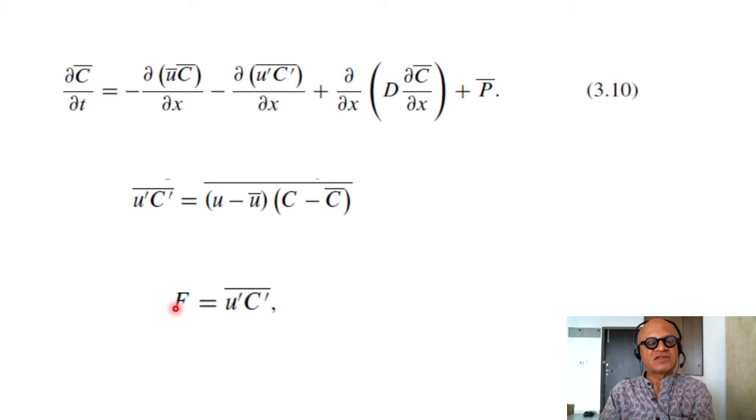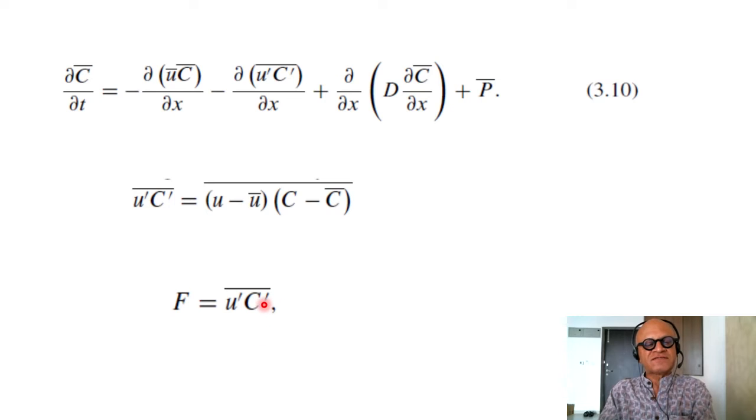So the flux here is u prime c prime time averaged, which need not go to 0. This is known as the eddy flux. It's the covariance between u prime and c prime. If they're completely uncorrelated, that would be 0, but typically they are not completely uncorrelated, as we will see. So there is always an eddy flux.